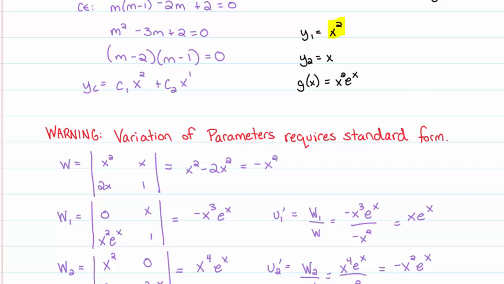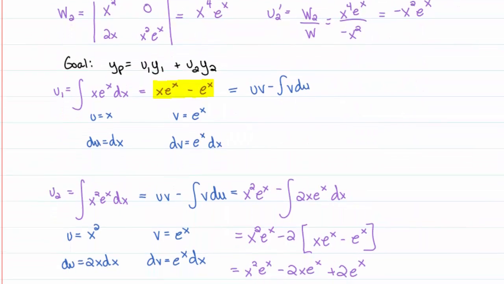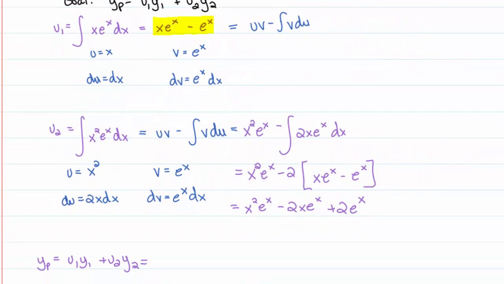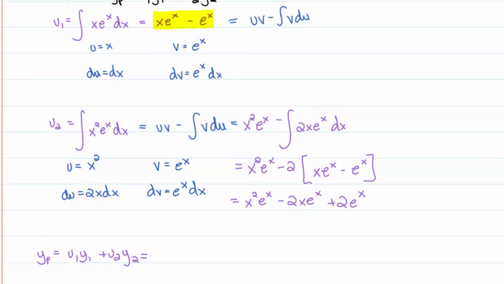So we're going to take x squared, we're going to multiply it by that x e to the x minus e to the x. So let's go ahead and do that. So that'll be x squared times x e to the x, that's x cubed e to the x, and x squared times that negative e to the x is just x squared times that negative e to the x.